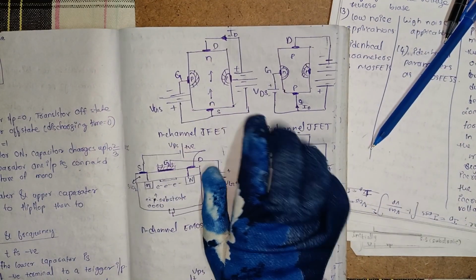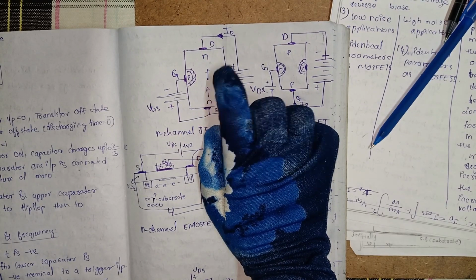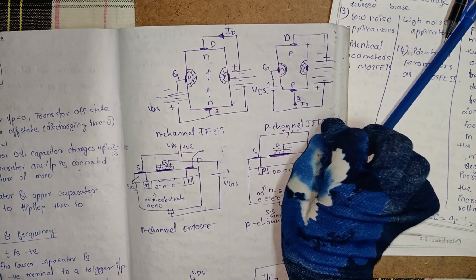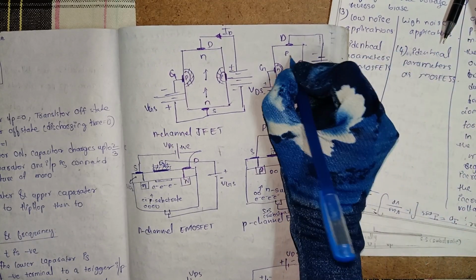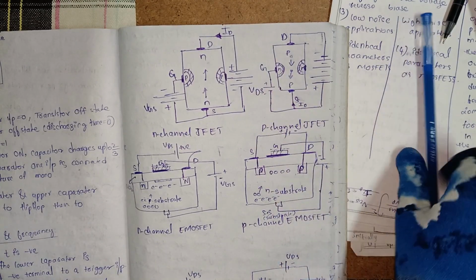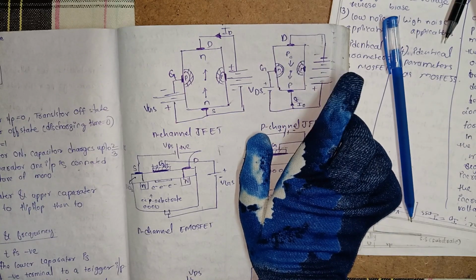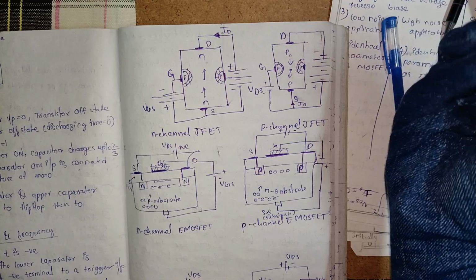In the N channel JFET the current conduction is by electrons, and in the P channel JFET the current conduction is by holes, that is this way, drain to source, and current is from source to drain. N channel JFET is totally opposite to the P channel JFET.